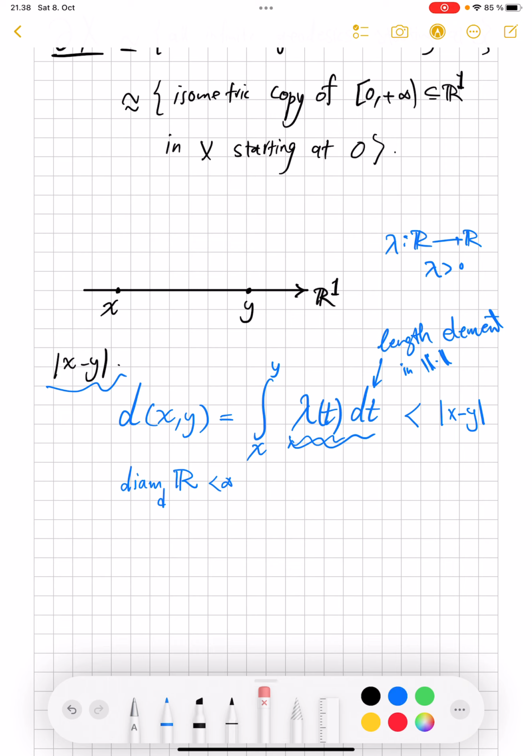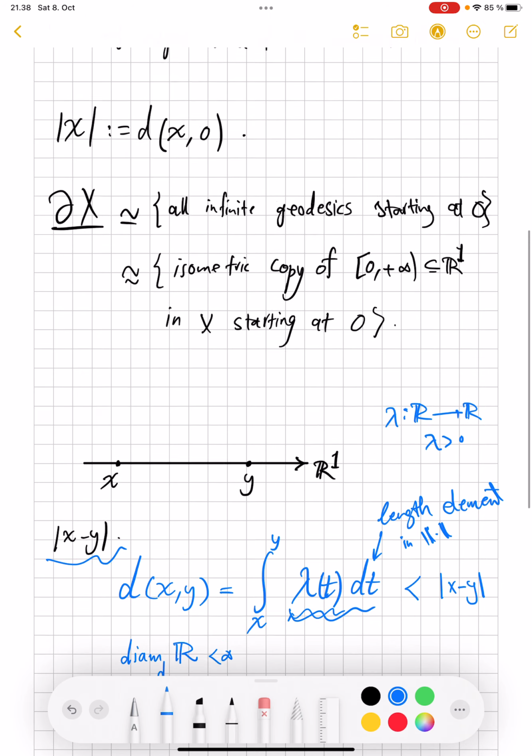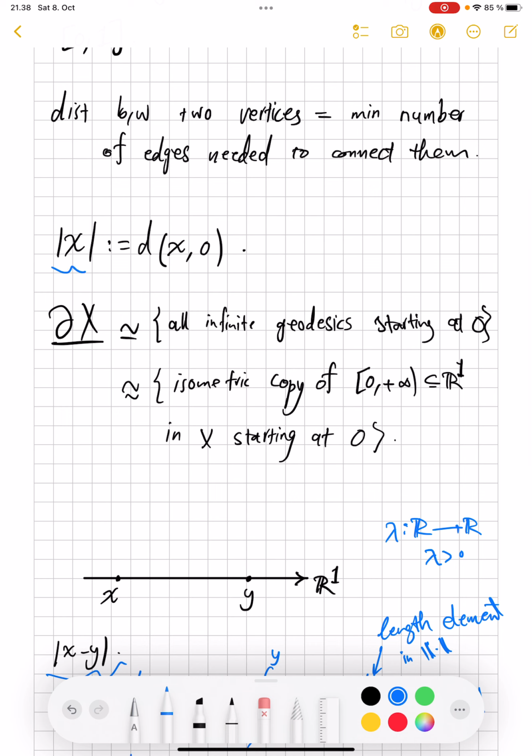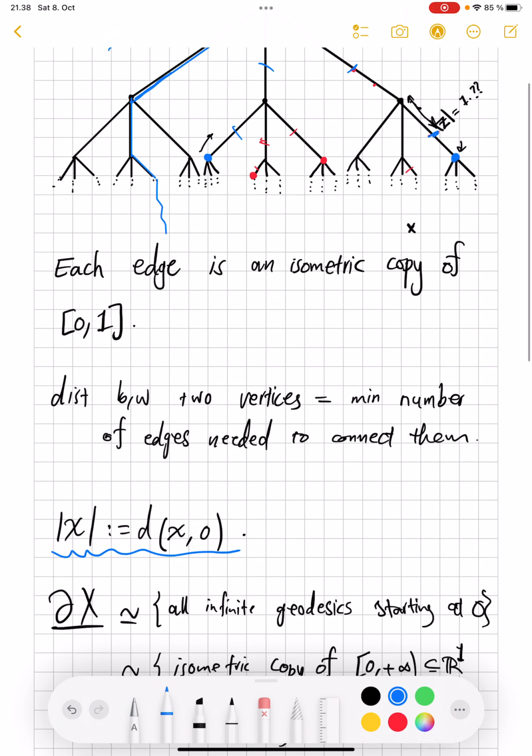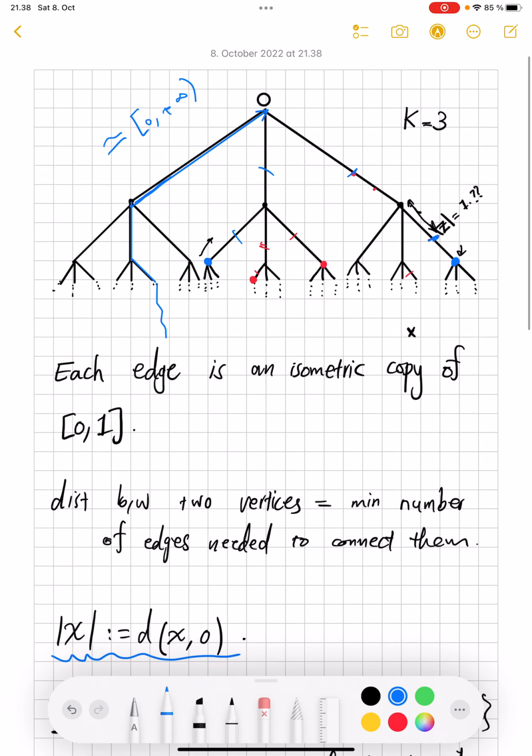What happens in this paper is that they do a similar construction on this tree. The reason it's so easy to do is that by using this distance from the root, you reduce the question to a one-dimensional thing.